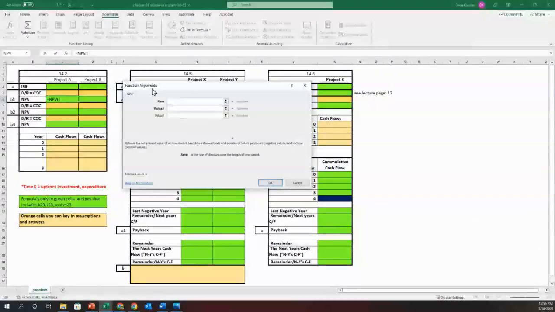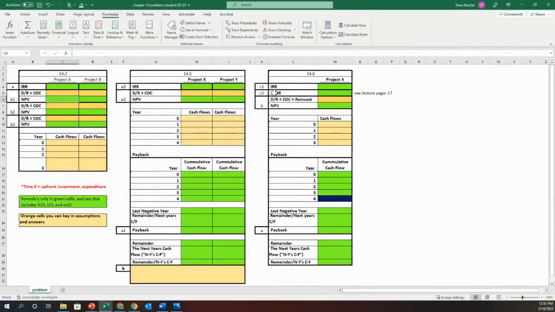You'll pick the cell with the rate. Again, I wouldn't do this. I would just look at the book and look at the notes and do the formula. But if you're completely lost, you can have it walk you through. I think it's just simpler to look at the lecture notes and type the formula in.